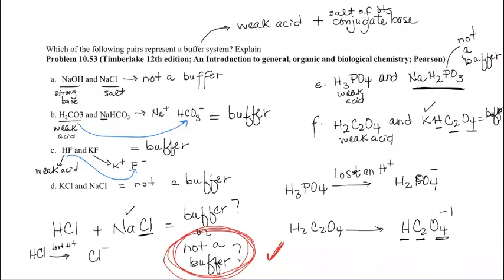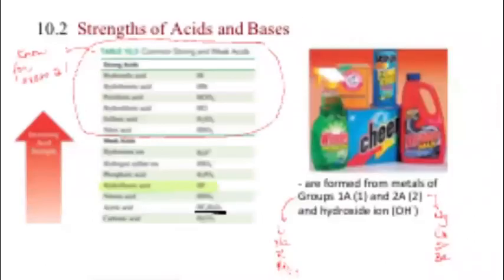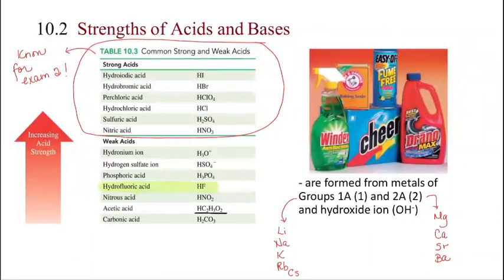Like for this problem, Thea explained it very well. If you have to find a buffer, click in your brain: I need this table. And if I see in the combos any of those 6, my answer is going to be not a buffer.